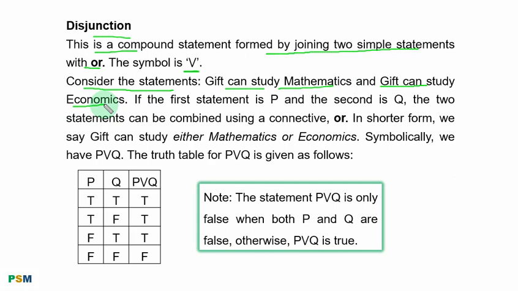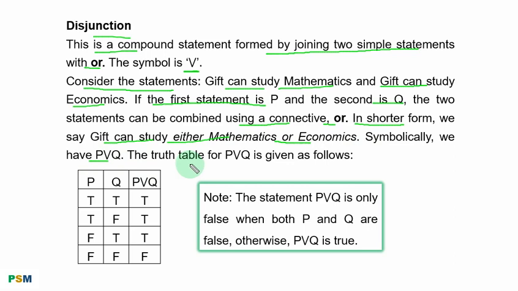That means Gift has the ability to study both courses. If the first statement is P and the second is Q, the two statements can be combined using the connective "or". In shorter form, we say Gift can study either mathematics or economics. Symbolically, we have P or Q.